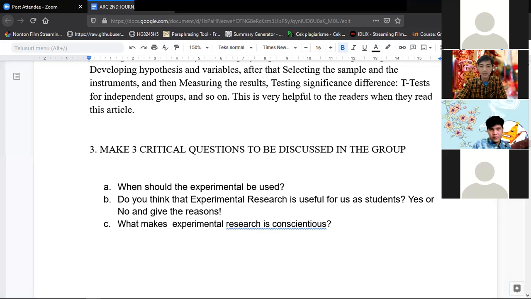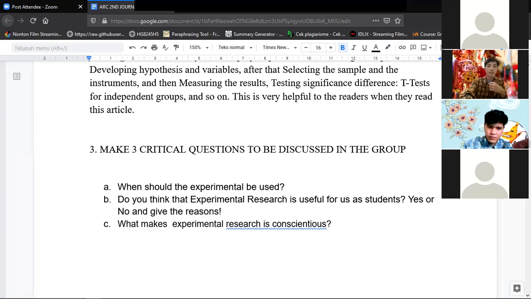So we need to use this experimental research to make sure that the variables that we use are related to one another, like that. Okay.